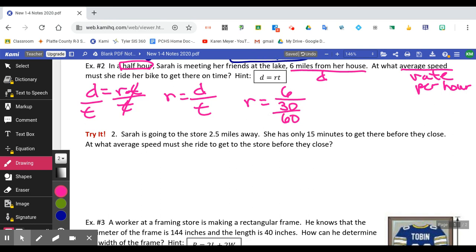If you're ever driving a car and you hear someone say you're going 55 miles per hour, that's what we're talking about. Now I just take my calculator and divide this out, and you should come up with R equal to 12 miles per hour.